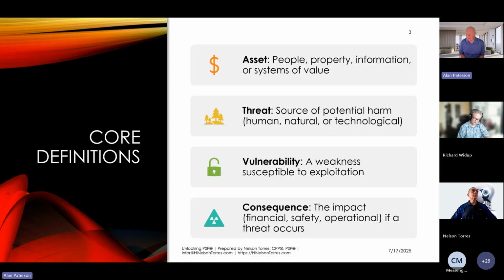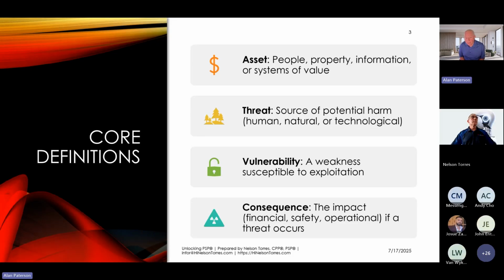We're going to drill down into these in the following slides. A vulnerability is a weakness that makes a threat more likely to happen. And consequence is the impact if a threat occurs. It could be financial or operational. The consequence is what happens if the threat occurs.